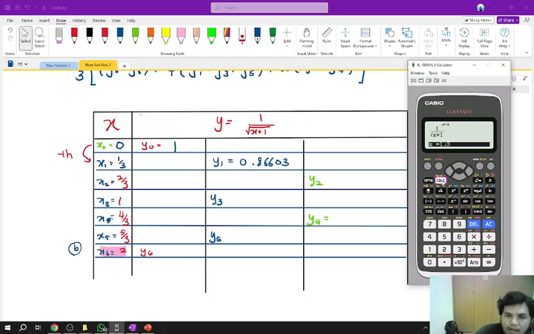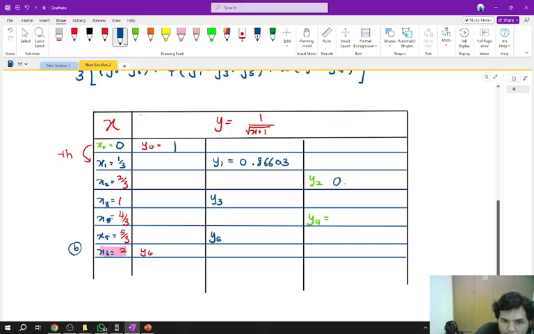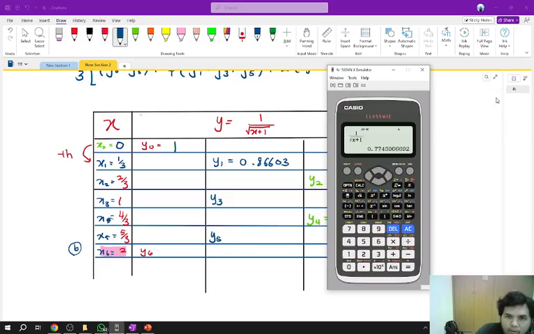Okay, continue for the next part. We calculate for y2, so 2/3. Equal, so I get 0.77460. Continue again for y3.